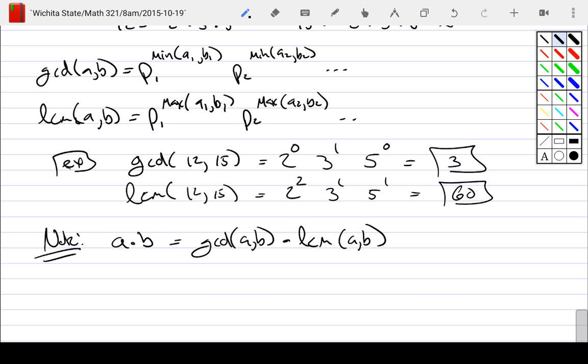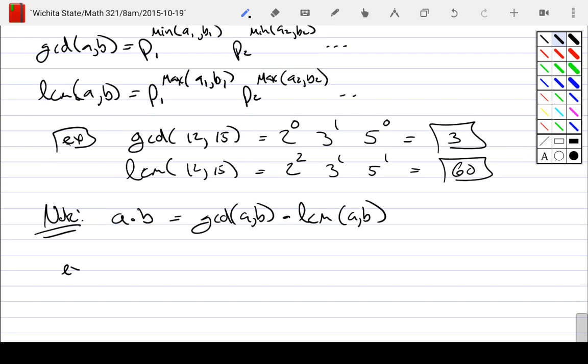We take the minimums to one side, the maximums to the other side, it just rearranges them. Well, all the primes are still here. Right? A times B is just take all the primes that you see and multiply them for both. So it's just a rearrangement. And then our little example here, that 12 times 15 is 180, which is also 3 times 60, which is 180. We're okay with that?